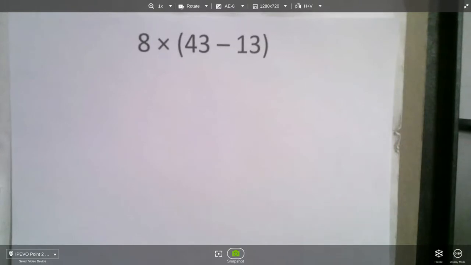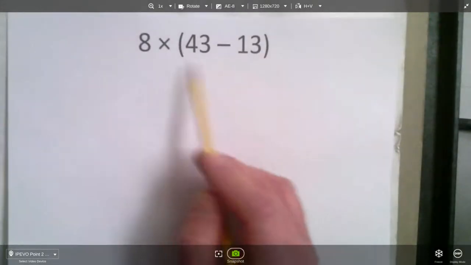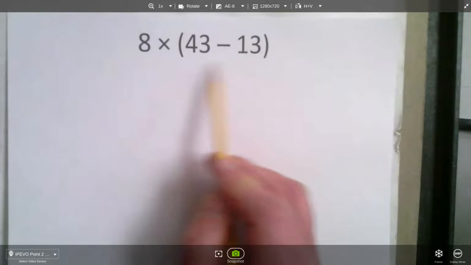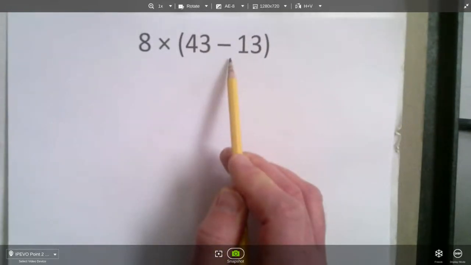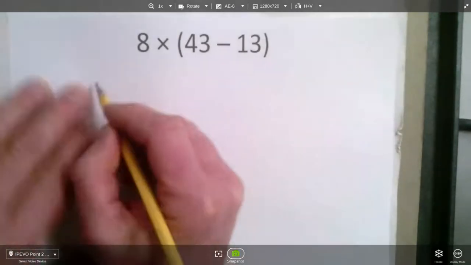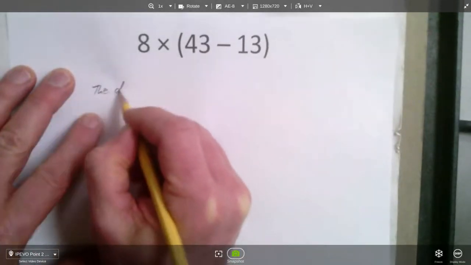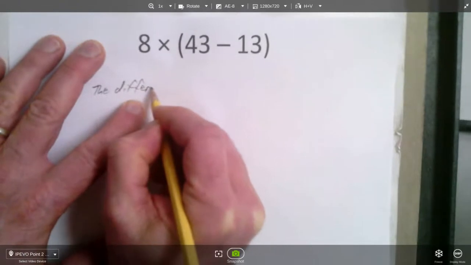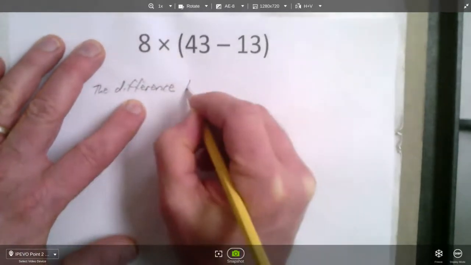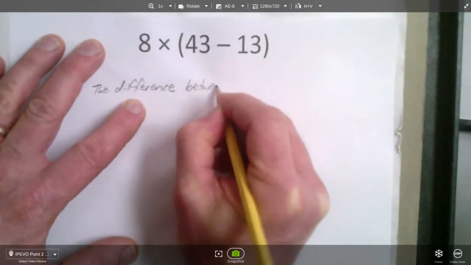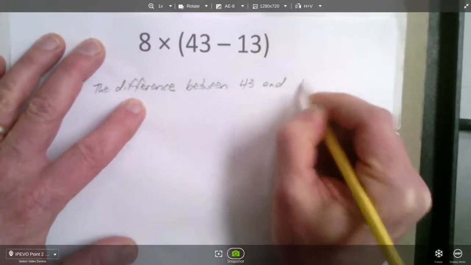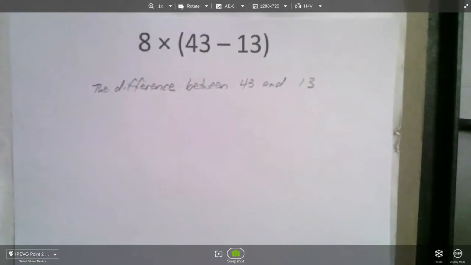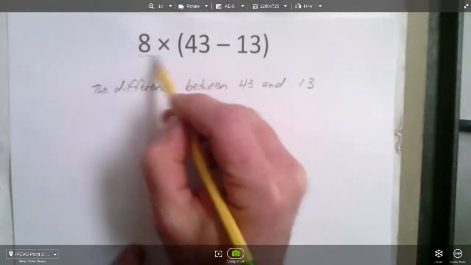So I see my parentheses here. How would I write this? Well, I would write the difference between 43 and 13. And then I have to show this 8 times.